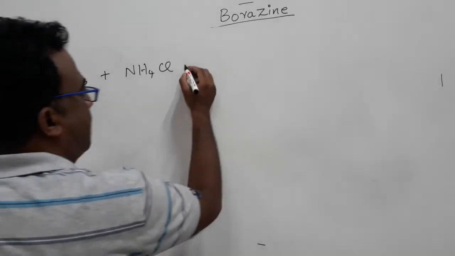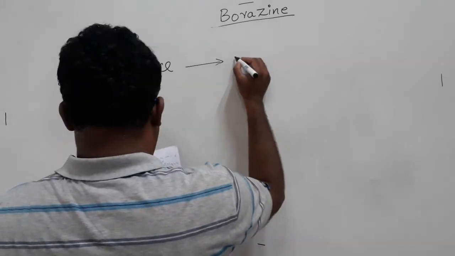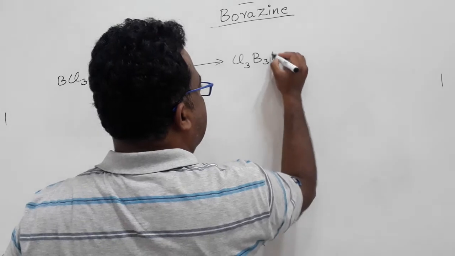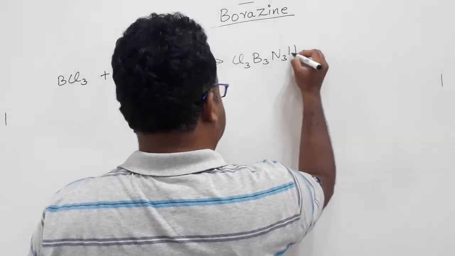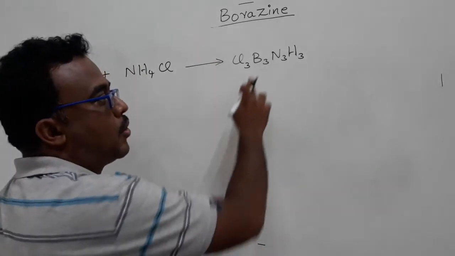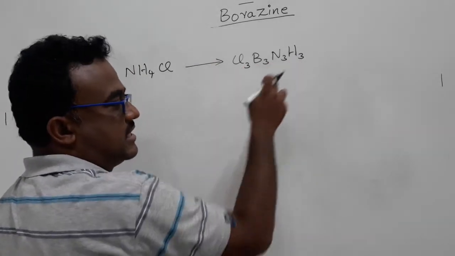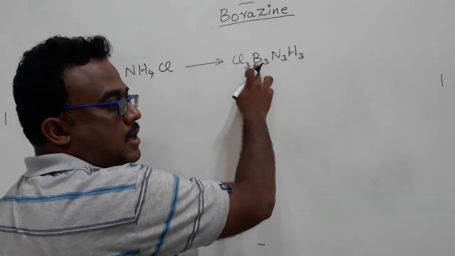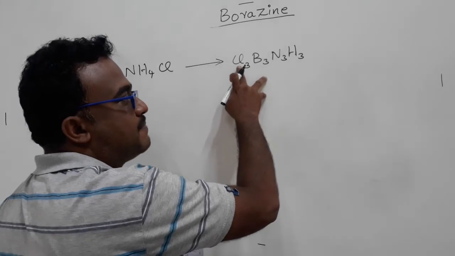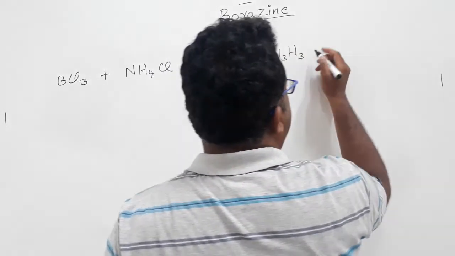Boron trichloride plus ammonium chloride will give Cl3B3N3H3. In this one, boron has chlorine and nitrogen has hydrogen. In the 6-membered ring, instead of chlorine on the boron, you have to substitute hydrogen in place of chlorine to get the structure of borazine.